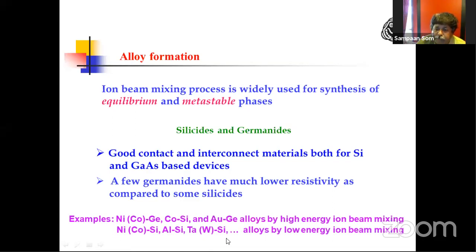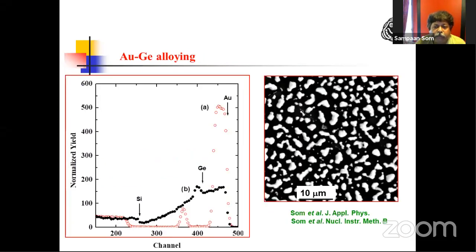For gallium arsenide based materials, a good contact material is AuGe alloys. And likewise there are many silicides and germanides which are listed here. We have worked quite a bit on that. I'm not going into those, but Paul, you can please go to the next slide. I will show you one example.